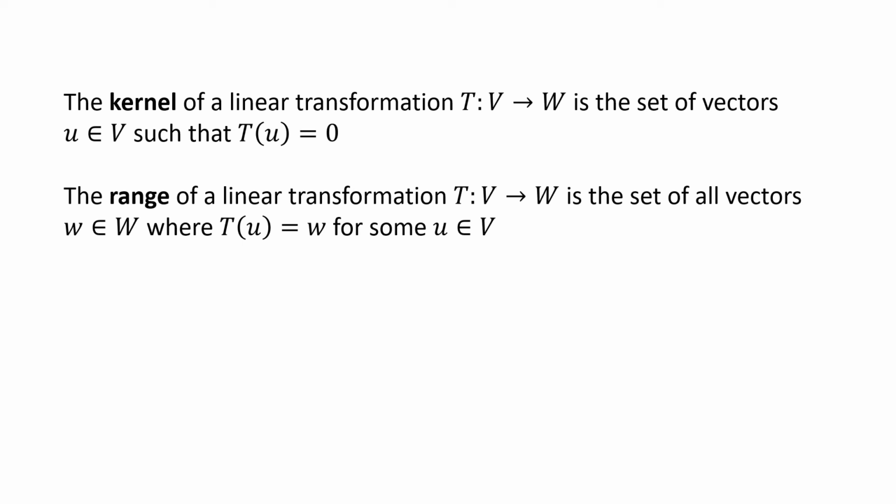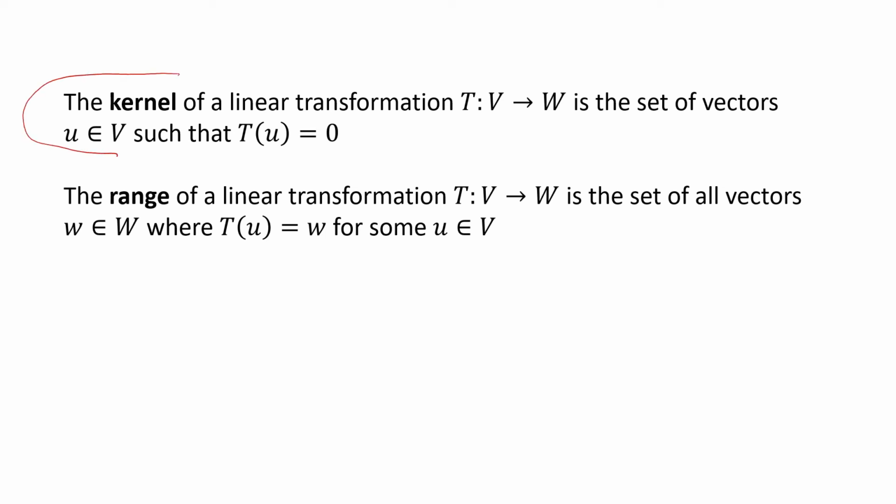When we're dealing with vector spaces, we have the same idea of the column space and the null space, but we tend to use slightly different terms. Because if we're just talking about a linear transformation, sure, there is a matrix that corresponds to it, but we aren't talking about the matrix, we're talking about the transformation. So when we have a transformation, we talk about the kernel of the transformation.